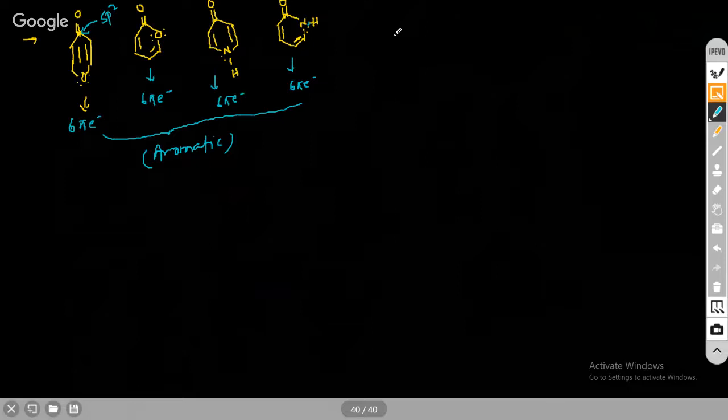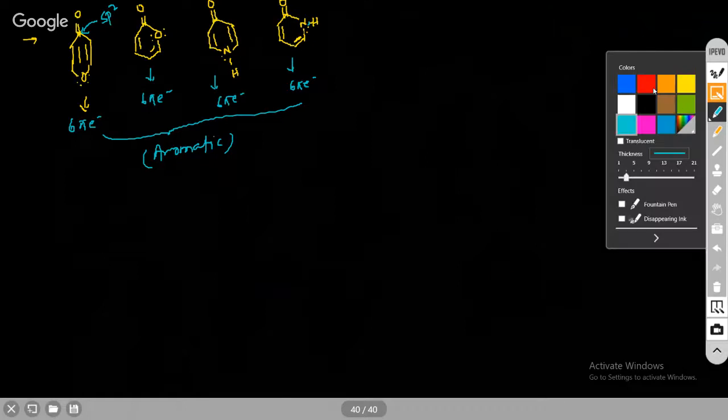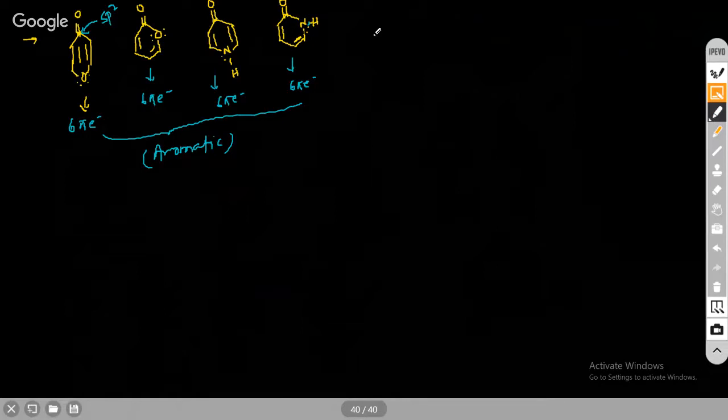So if you keep all these structures in mind, if you revise all this, you can do those kinds of questions easily. All those factors that we have discussed. So this is one type of question, whether you have to decide whether the compound is aromatic, non-aromatic, or anti-aromatic. Sometimes they ask a question like this also. This question you see. The concept is aromaticity only, but a different type of question.